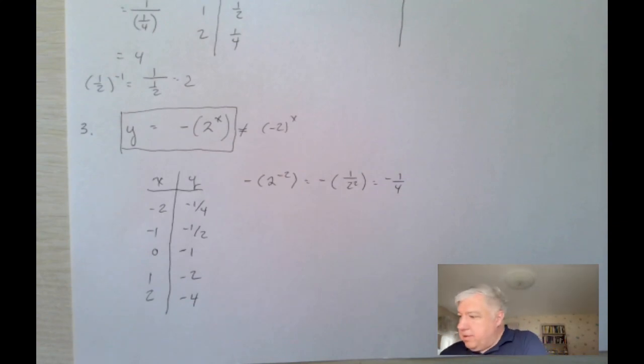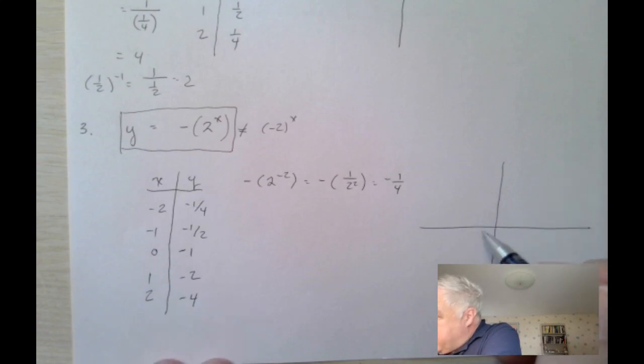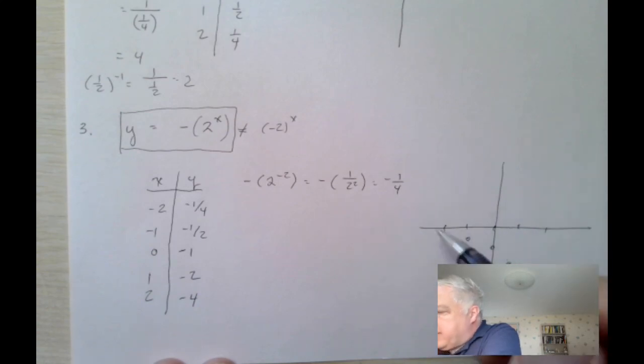Now notice that all the y values are negative, which is what we would expect. You're going to get something like this.